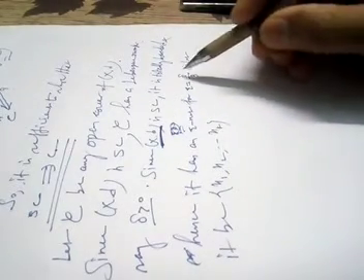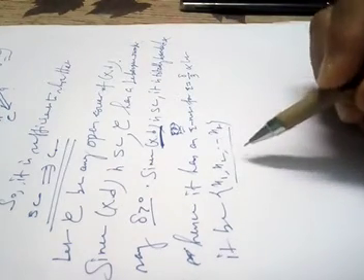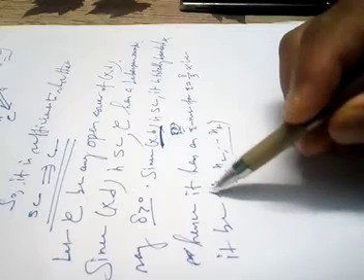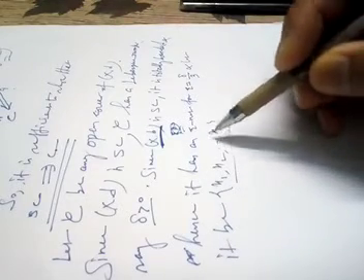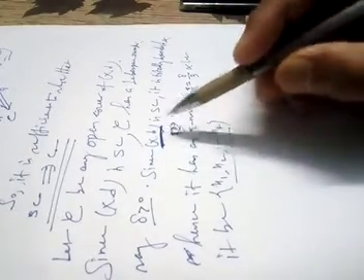Here epsilon is delta by 3, and let that epsilon net be this. That is, if we consider open balls centered at those points, each of radius delta by 3, then it will cover the whole metric space (X, d).